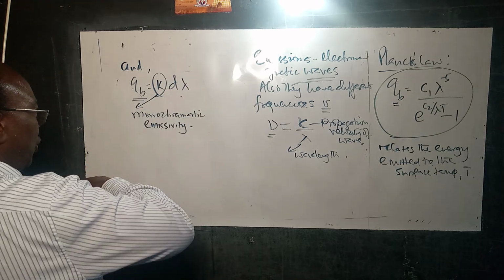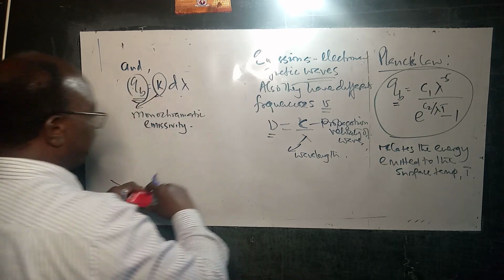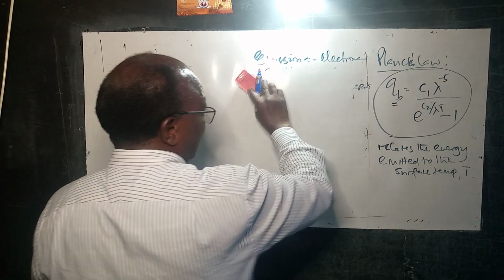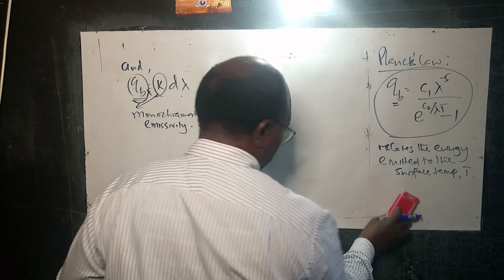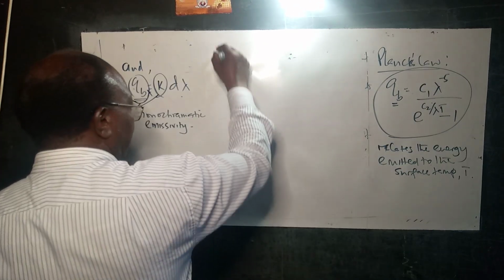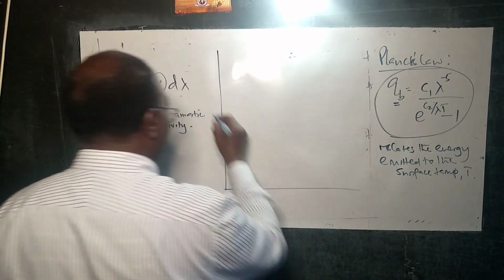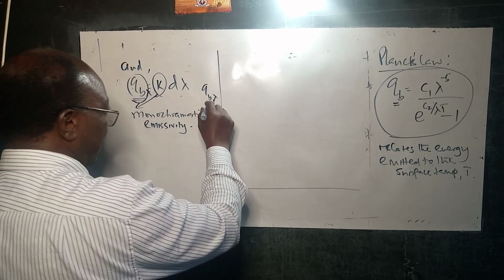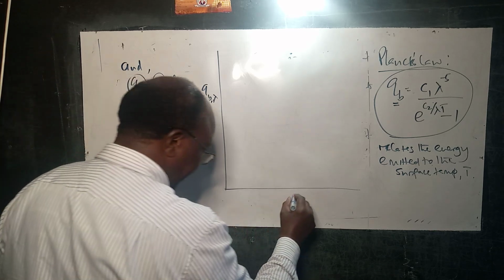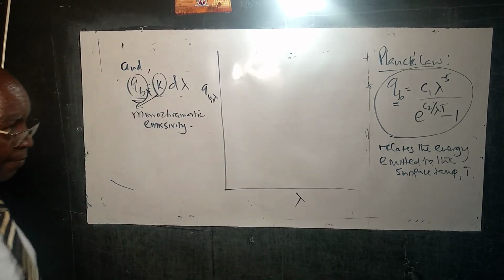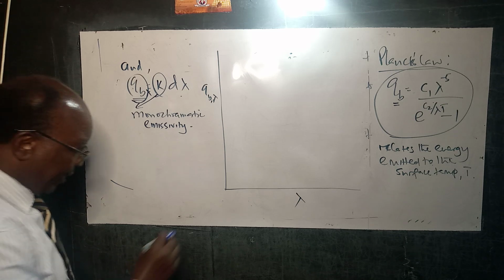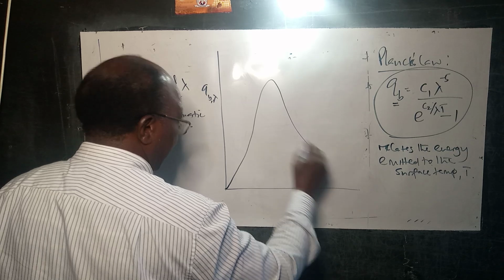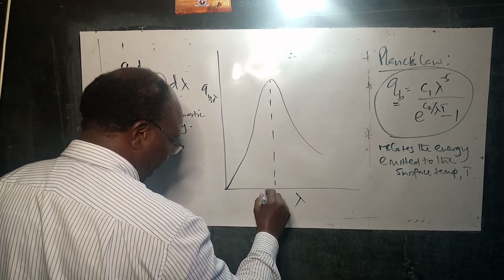And so when you plot this quantity Q by lambda versus lambda, you will find that you have this, your lambda max.